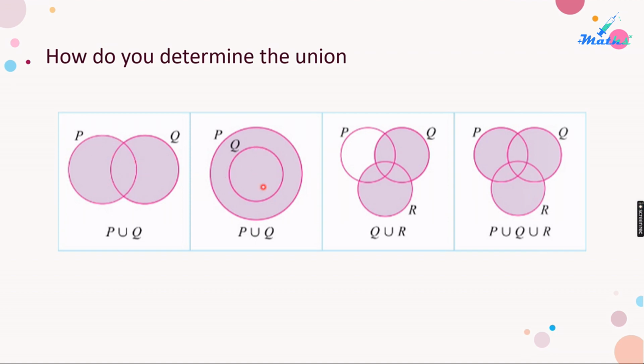So we just shade all the elements for set P and set Q. This is Q U R, so we just shade all the elements of set Q and set R. For the set P, we just include it. This is set P U set Q U set R, so we just check all the set elements for P, Q, and R.